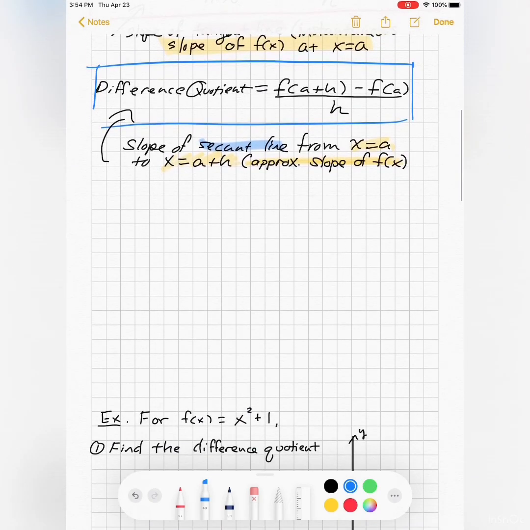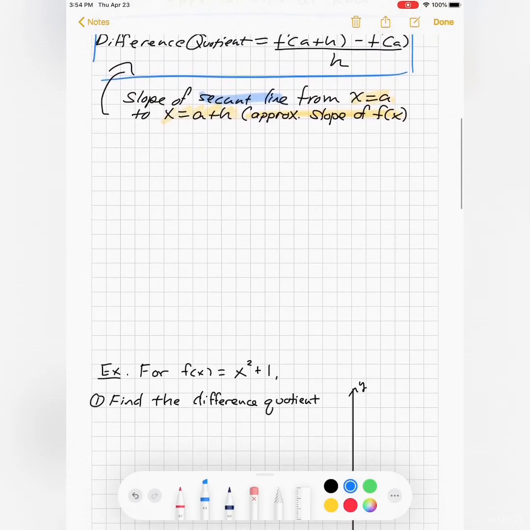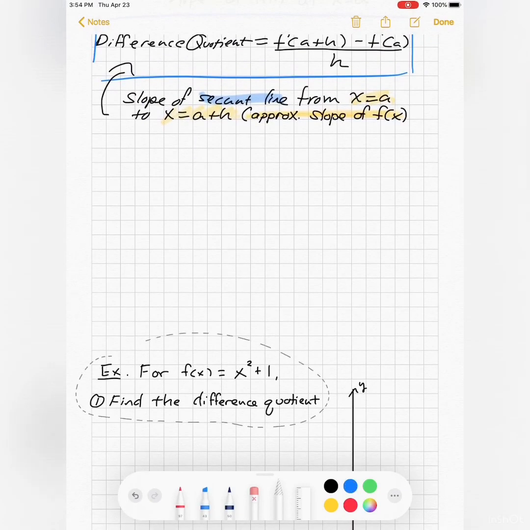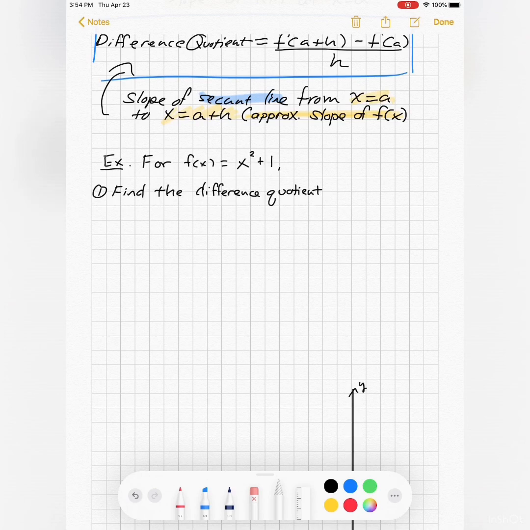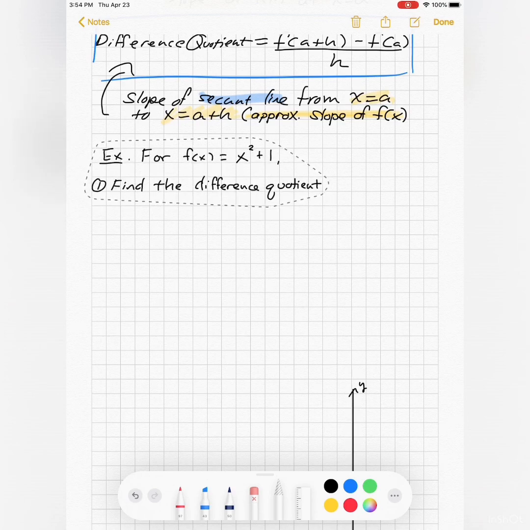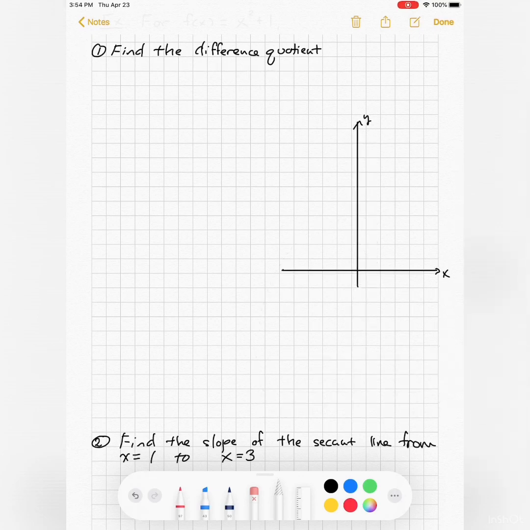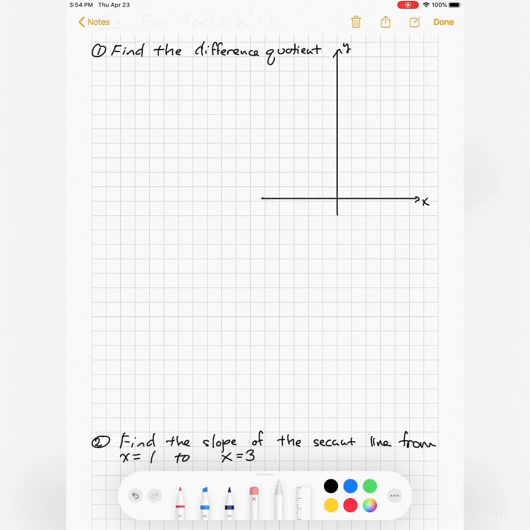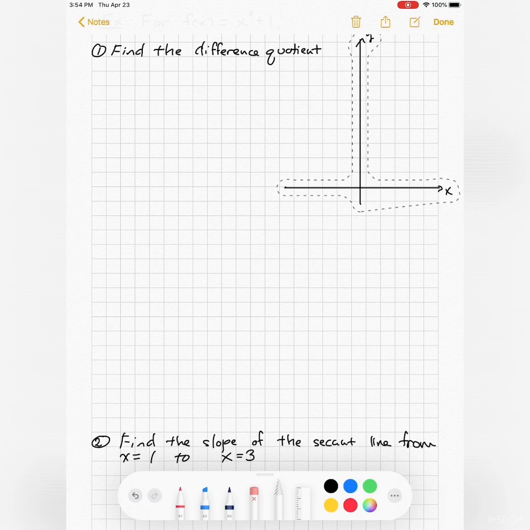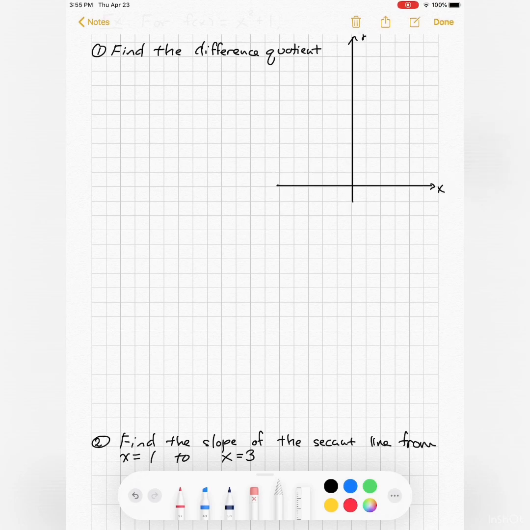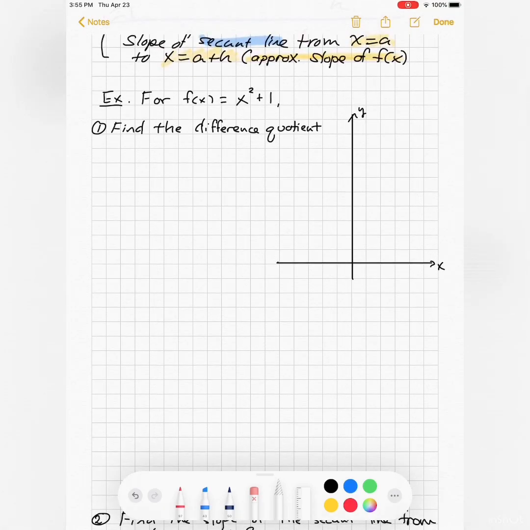So then, let's go back down here and look at some of these examples. Okay, so I guess I was going to go ahead and graph this function. Okay, so f of x is x squared plus 1.